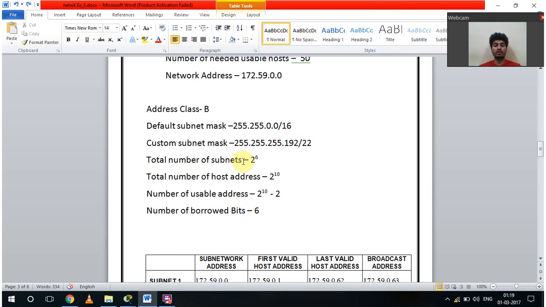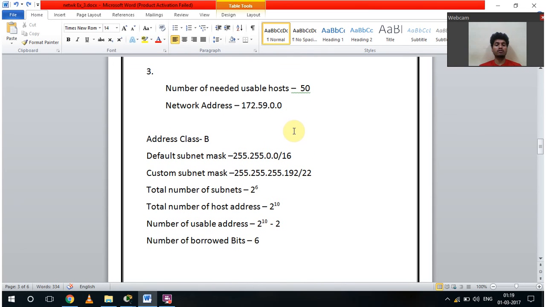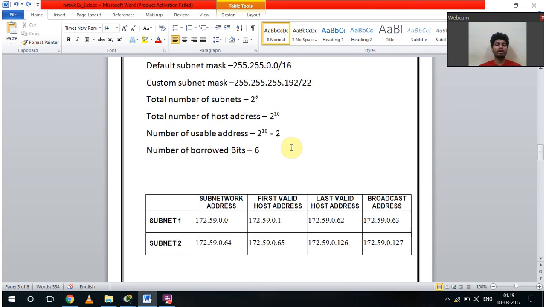So the total number of subnets is 2^6, and the total number of host addresses will be 2^10. The total number of usable host addresses will be 2^10 minus 2, because the network address and the broadcast address are not counted. The borrowed bits are 6, as 50 usable host addresses are required.